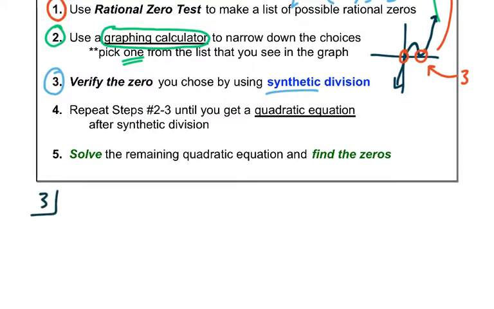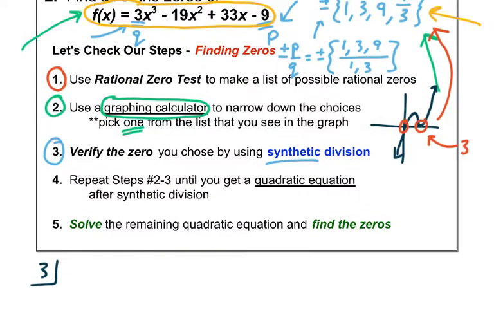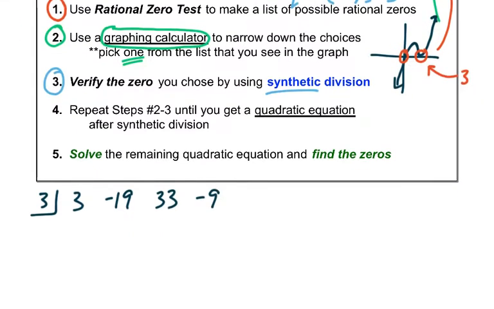Let's see the coefficients we're going to use here. We have 3x cubed minus 19x squared plus 33x minus 9. No placeholders, so we're good to go. Now remember, if this is an actual zero, we should get 0 over here. All right, let's do it.